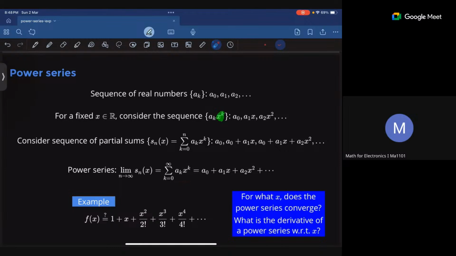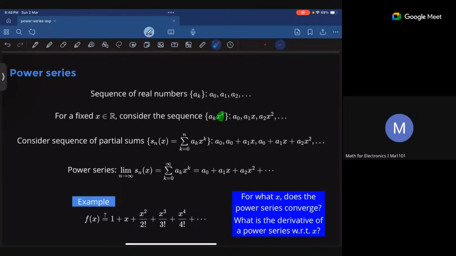Okay, so that is like summation k equals 0 to infinite ak x power k. And if you see the expression in the expanded version, it is nothing but a naught plus a1x plus a2x square plus a3x cube plus and so on. So you are adding up all the terms in this particular sequence, which is called the power series.